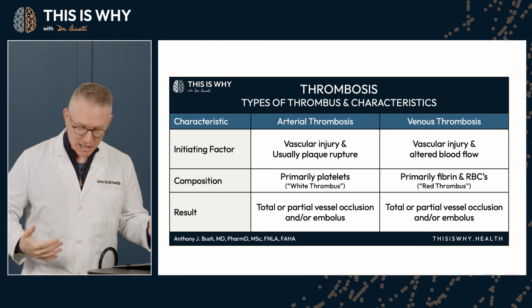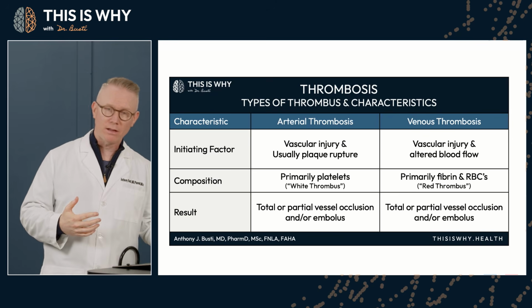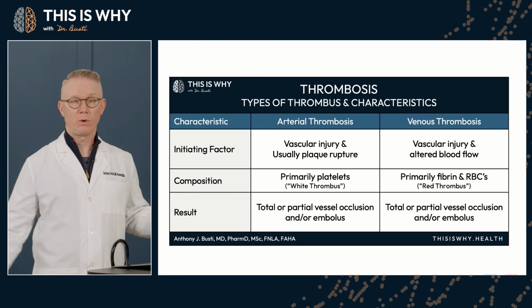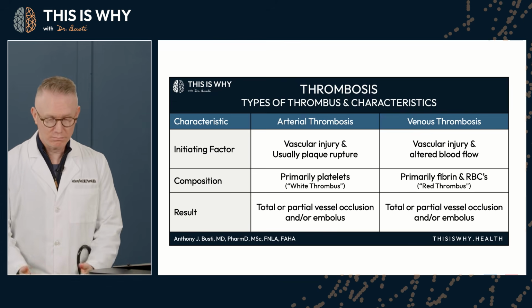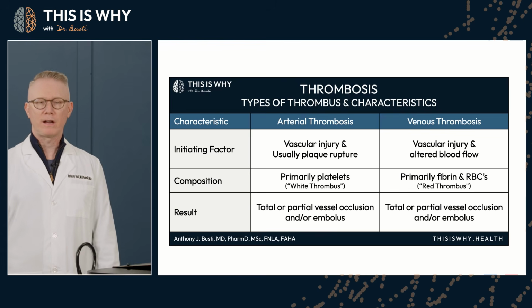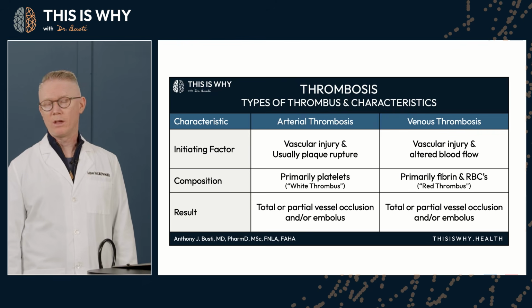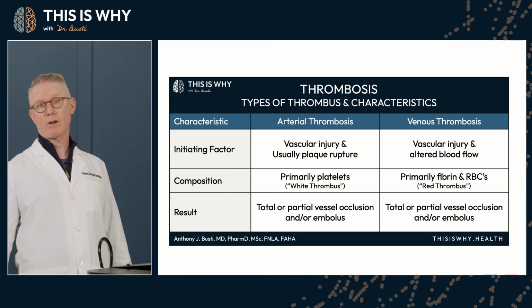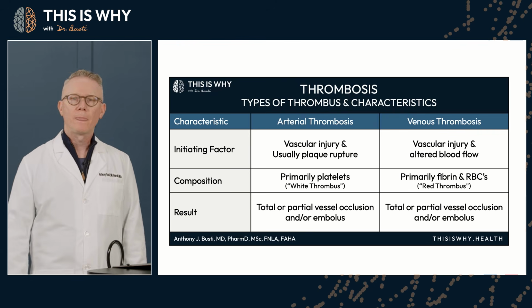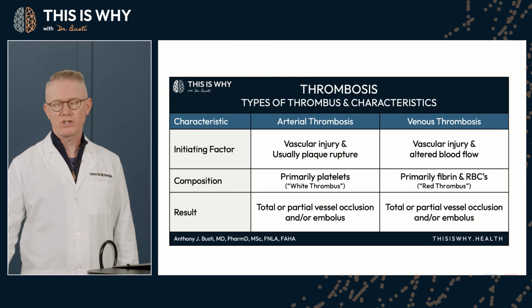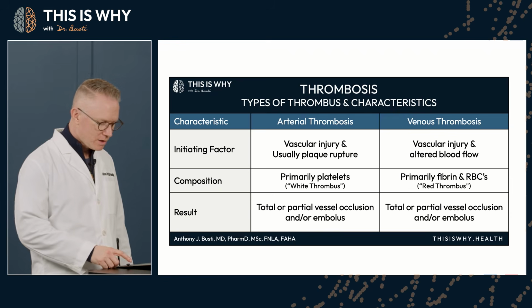And so the manifestation of that occlusion could be ischemia on the arterial side because there's no blood flow going to the organ that vessel was supplying, right? So in the heart, the distal downstream flow of the coronary artery is going to be compromised, and that myocardium is going to be affected. In the brain, wherever that vessel was going, it's going to infarct that tissue. Okay, so that's why it matters.